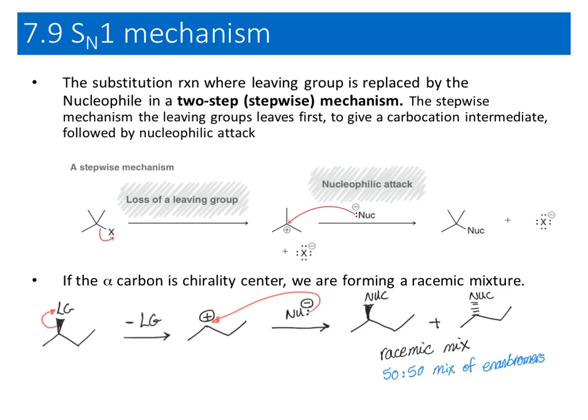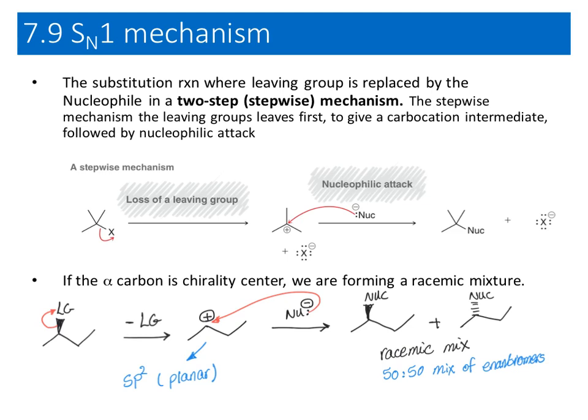Now, why do we get racemic mixture? Because if you remember, the hybridization for carbocation was sp2, meaning that carbocation is planar. So the nucleophile has equal chance to attack the carbocation from top and from the bottom and form both of these products.